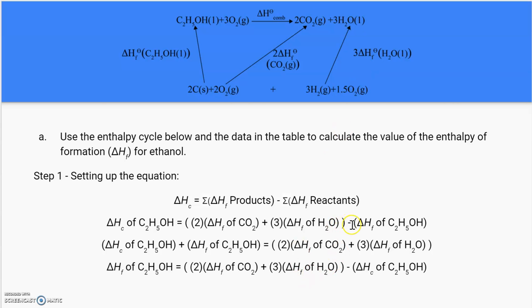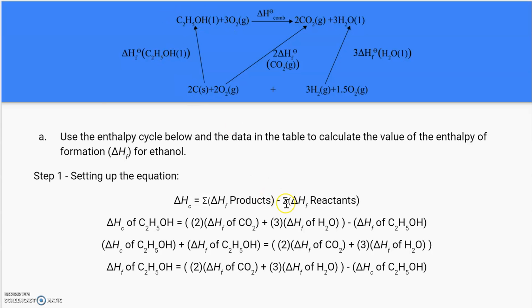Now, if we look at the reactant side, we can tell by looking at the cycle that there's only one enthalpy of formation that gives the reactants, right? So the cycle is giving us that there's 3 enthalpies of formation that affect this reaction, and 2 of them are going towards the product side, as we have already analyzed, and 1 of them is going towards the reactant side.